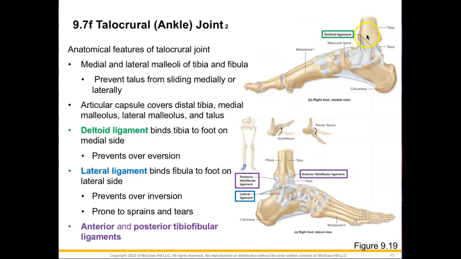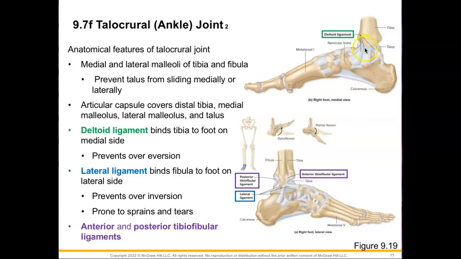We're going to see that having the placement of our medial malleolus and the lateral malleolus kind of capping off the sides or the lateral ends of the talus prevents it from sliding medially or laterally. And we have that articular capsule that is covering the distal tibia, medial malleolus, lateral malleolus, and the talus itself. So now let's talk about some of the ligaments that help stabilize this joint.